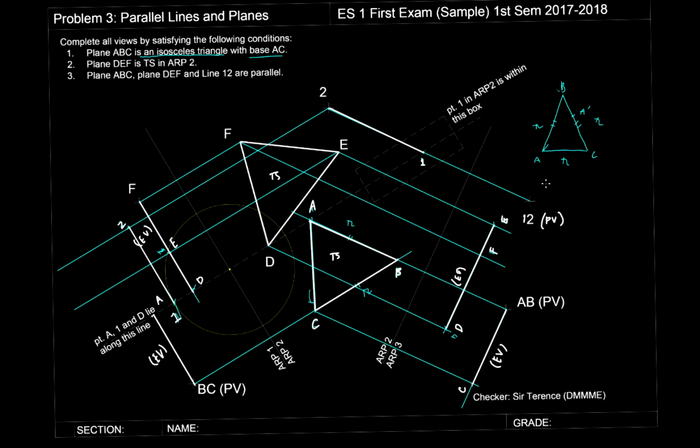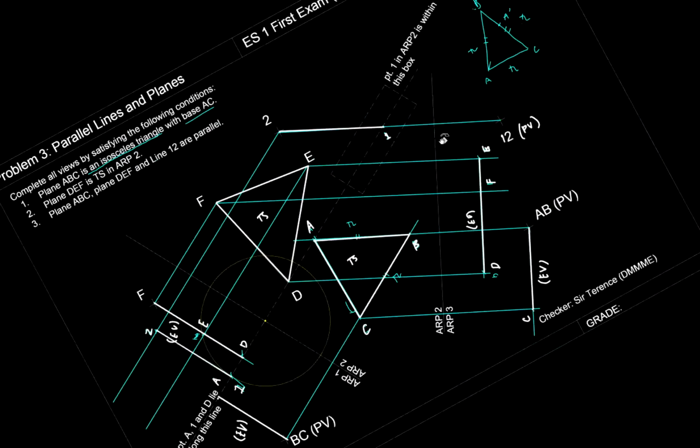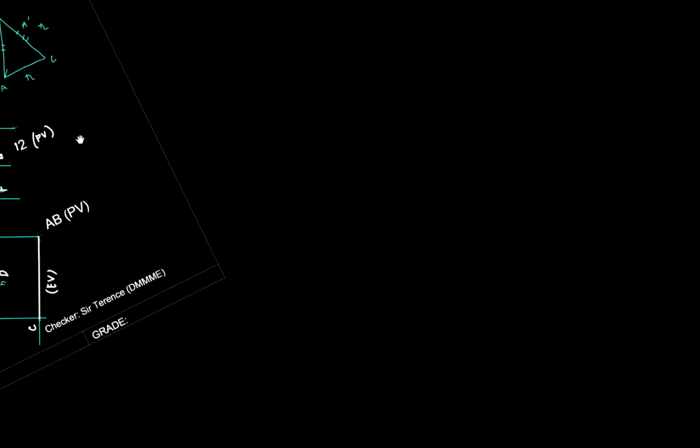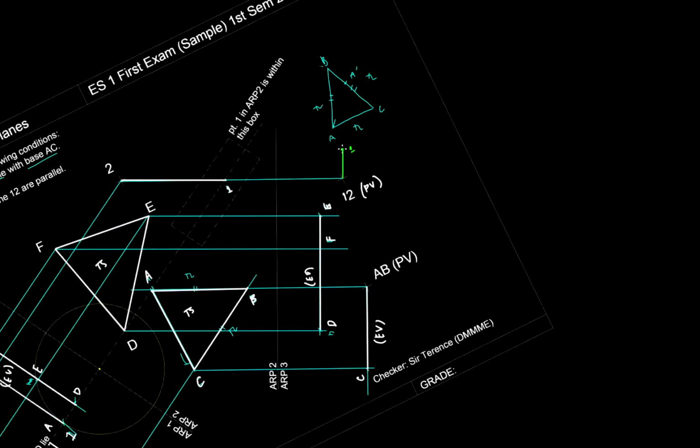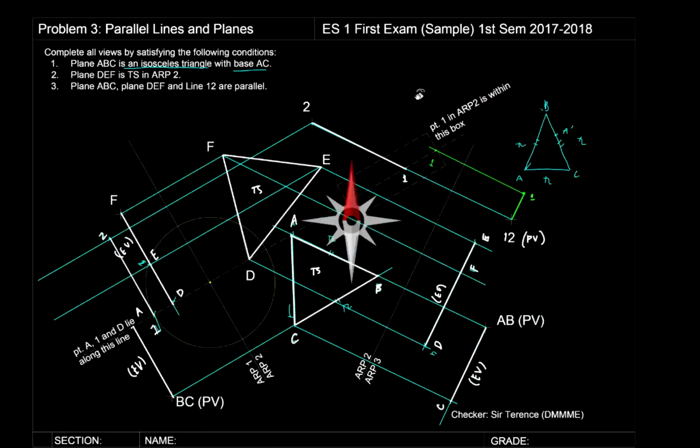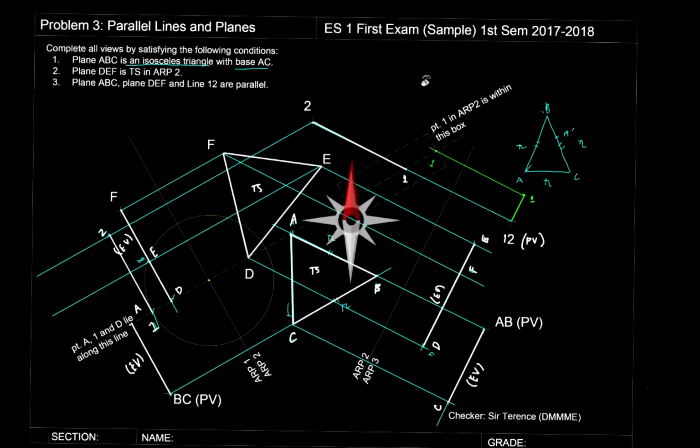Ang ginawa ko is if gusto kong parallel siya sa plane, then I can just create a parallel line to this edge view. So, pwede ako mag-create ng something like, ganyan. Tapos nandito si 1. So, kung nandyan si 1, if I project it, ganyan. So, nandito si 1 ko. Tama? And this 2 will satisfy the condition, no?